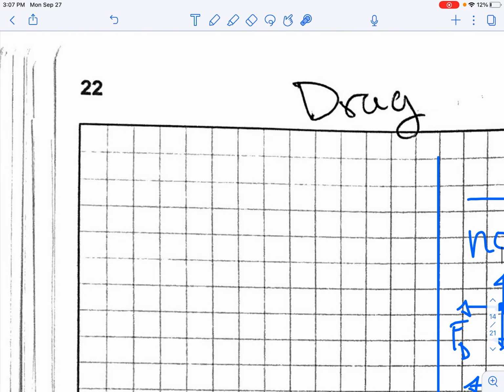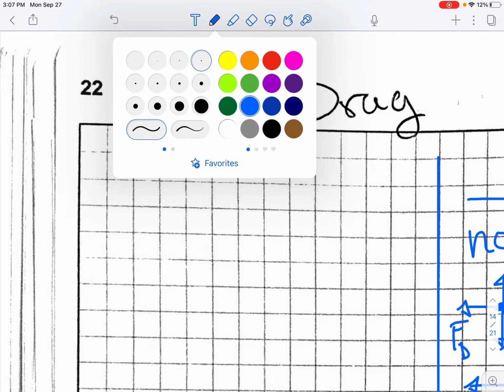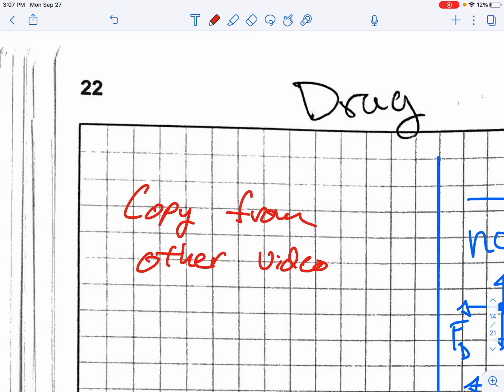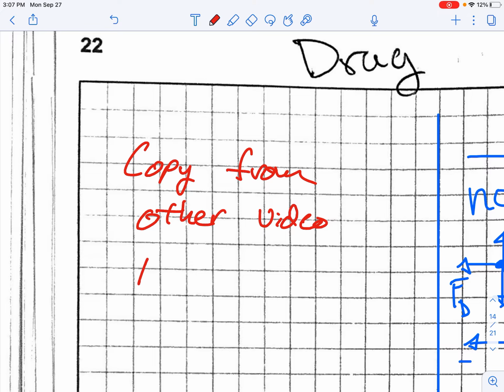Now on the left side of page 22, you'll copy this down from the other video that I have. The left side of this is what the quiz will be on.